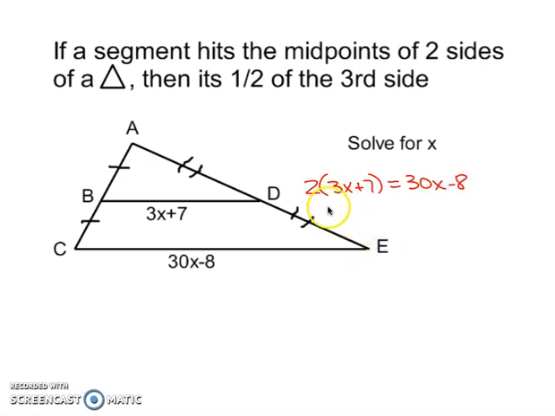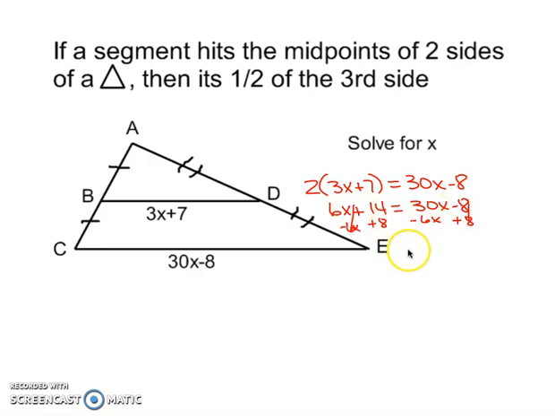And then we can solve from there. So here we're going to get 6x plus 14 equals 30x minus 8. And then we can add 8 to both sides, and we can actually subtract the 6x.